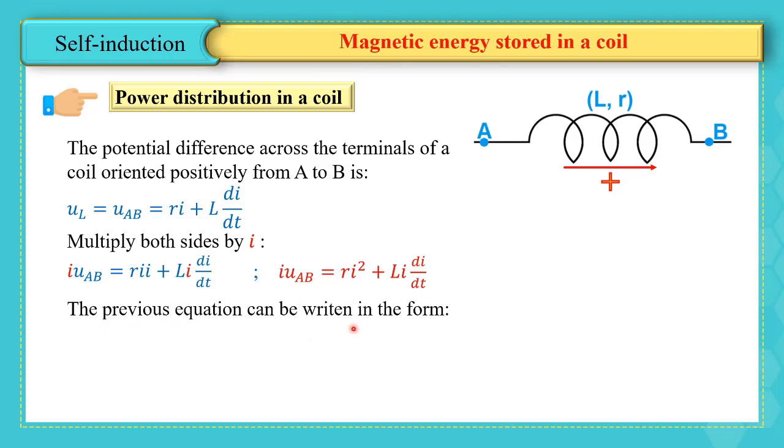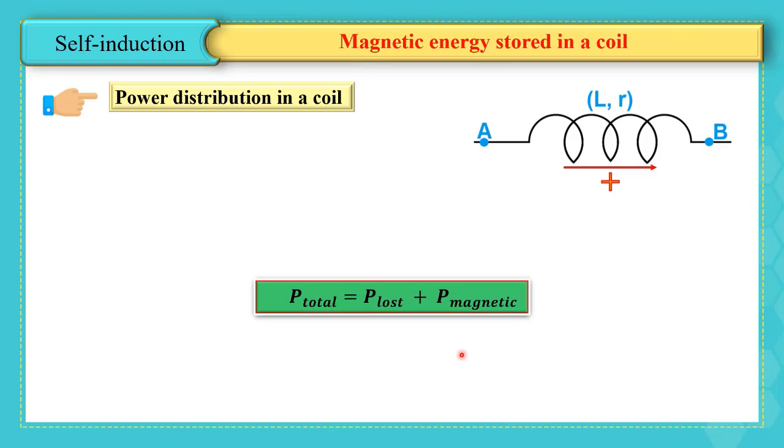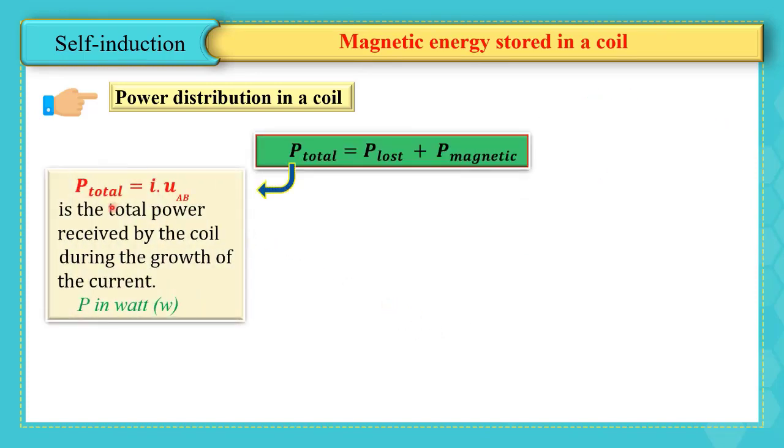The previous equation can be written in the form P total equals P lost plus P magnetic, since as we know the power is equal to i times U. P total equals i times U_AB is the total power received by the coil during the growth of the current, and the unit of power is Watt.